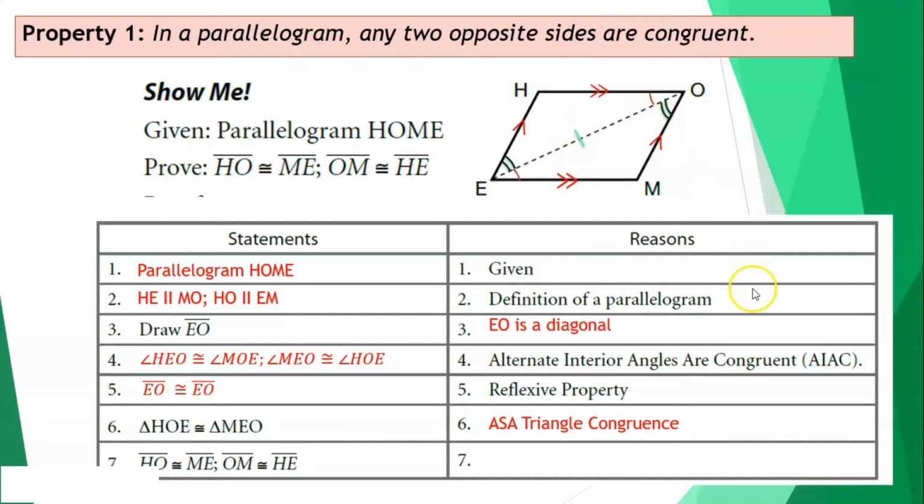So take note, ASA triangle congruence states that if an angle, a side, and an angle of one triangle is congruent to an angle, a side, and an angle of another triangle, the two triangles are congruent. So take note here for statement 7. HO is congruent to ME, and OM is congruent to HE by CPCTC, or corresponding parts of congruent triangles are congruent. Take note of that.